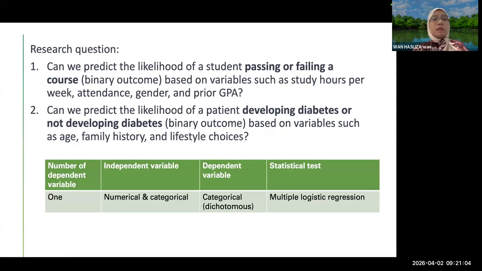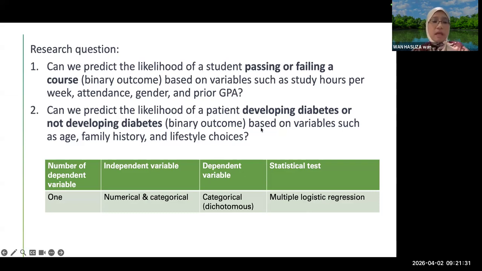If you want to do multivariate or multiple analysis, you have to look at the outcome. First outcome, pass or fail, which is categorical, but only two groups, dichotomous or binary, we call that. And then your independent must have more than one. So in this case, I have to use multiple logistic regression.